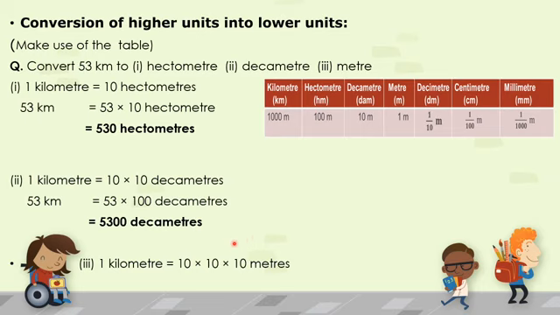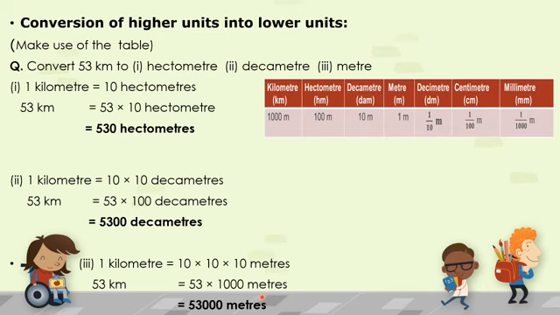So 3 places means 10 into 10 into 10. So 3 times 10 means 1000. So 53 into 1000 meters equals to 53,000 meters. So this is how you will solve your problem.